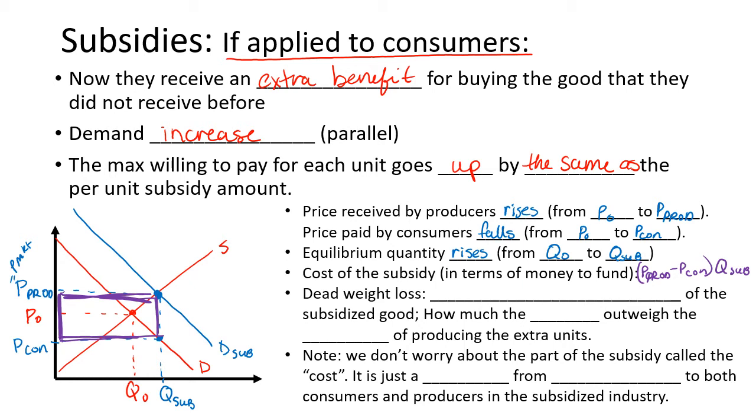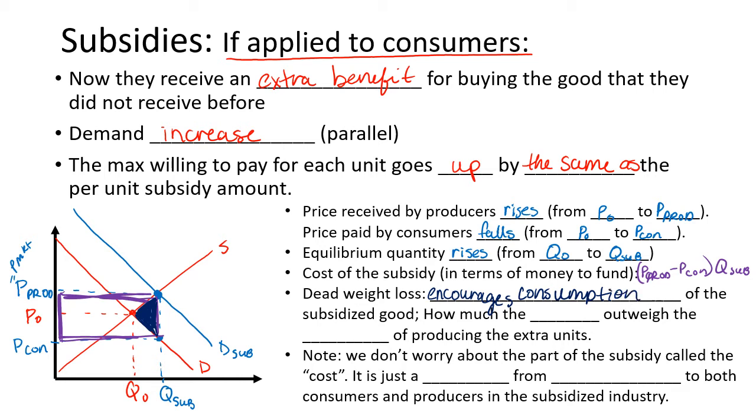And then there is a deadweight loss here as well. So because all of these cost more to produce, as shown by the area under the supply curve, than you would get for selling, or than they are worth to people, it causes a deadweight loss. So this is because it encourages consumption of the subsidized good.